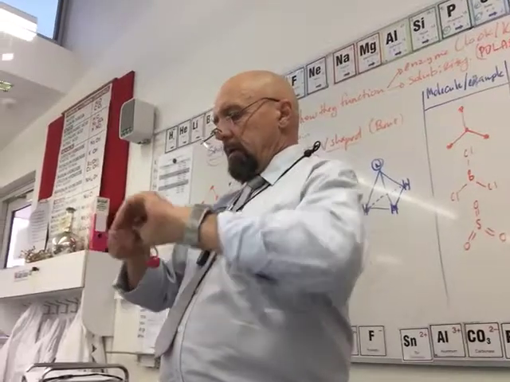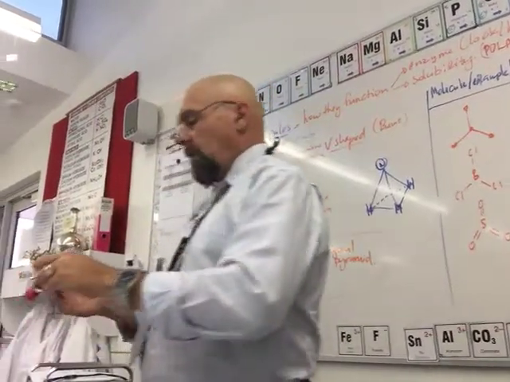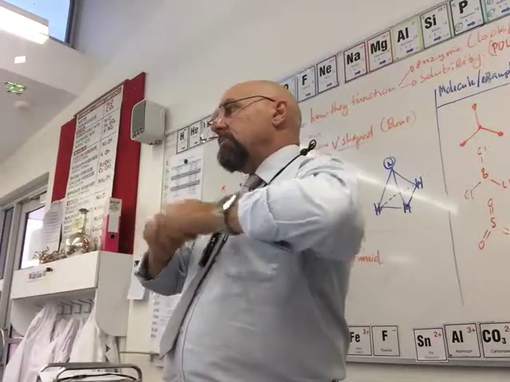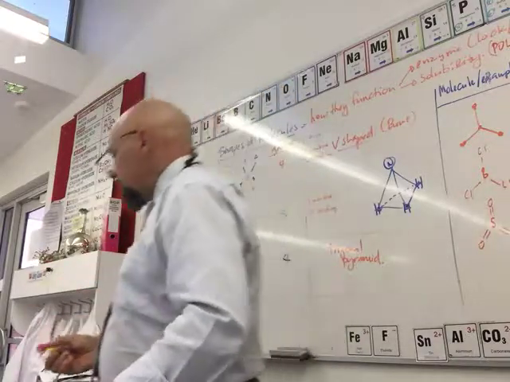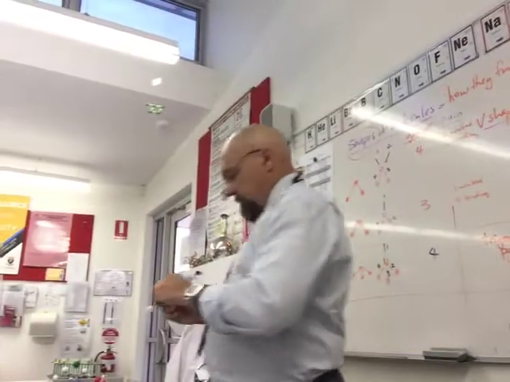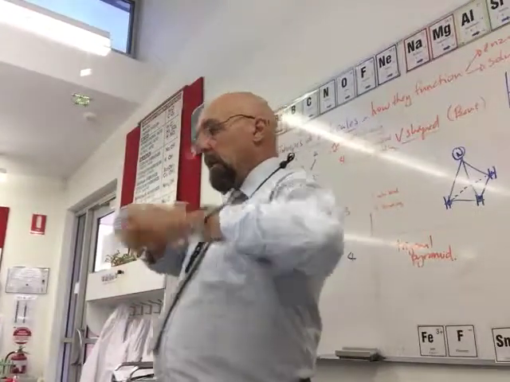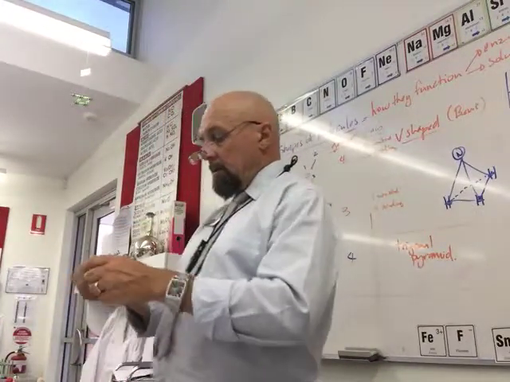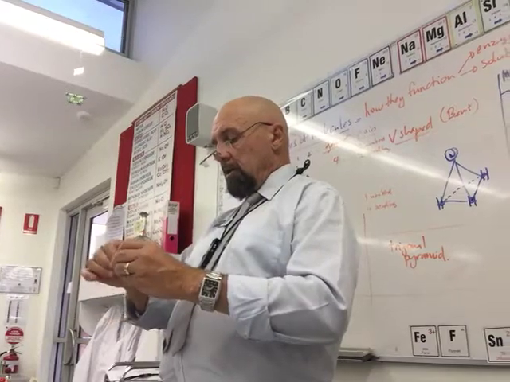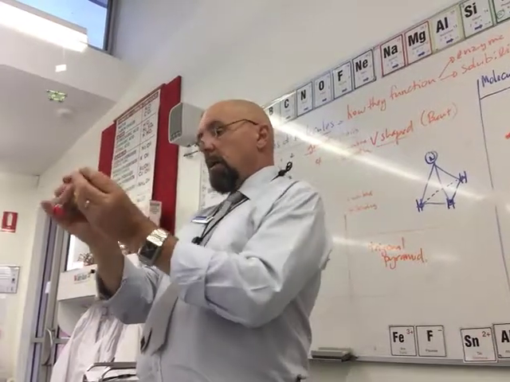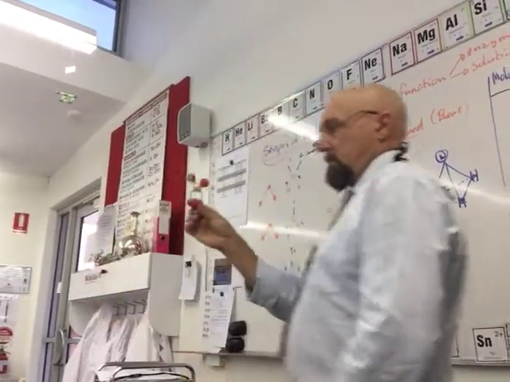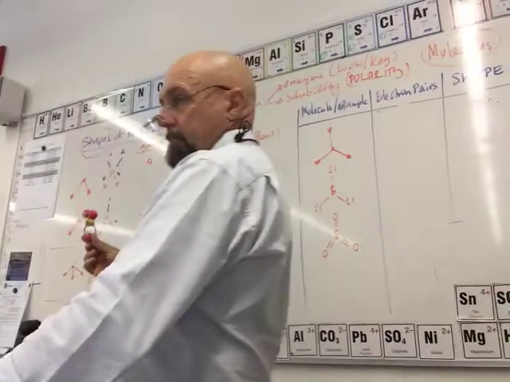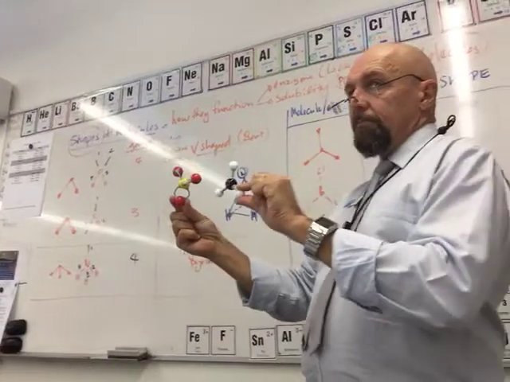We could build it because it actually comes from sulfuric acid. So all I need to do is grab another double bond, get rid of that hydrogen, and I've got an oxygen here, and I've got an oxygen there. Alright? And so we've actually got exactly the same shape as boron trichloride.